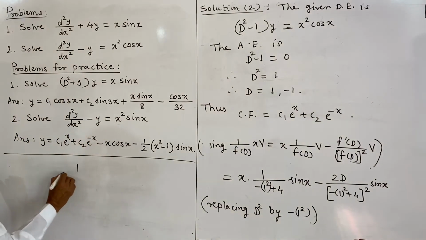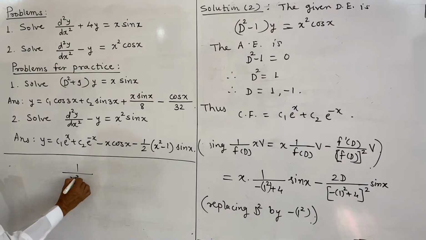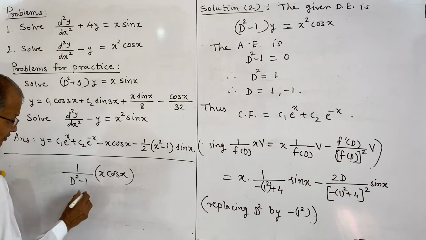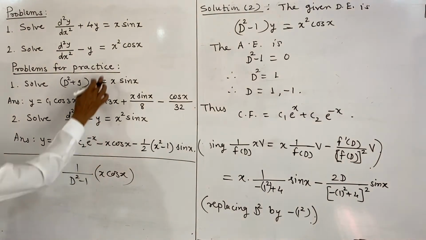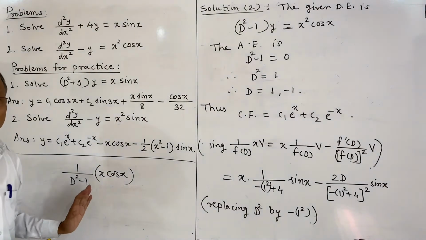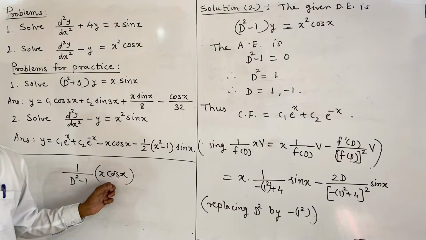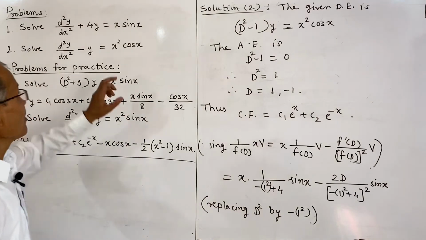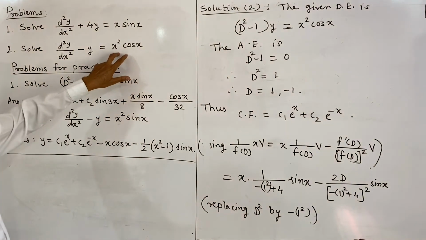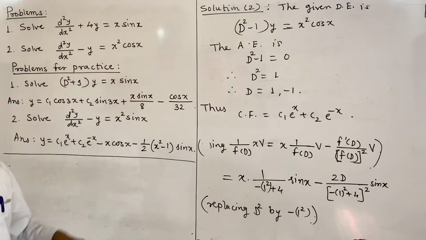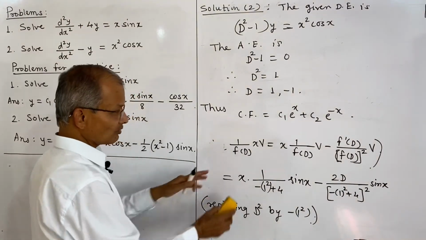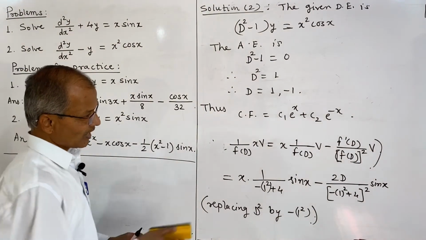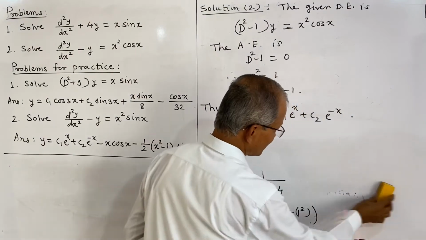That means we can find the particular integral of 1 upon D square minus 1 of x cos x, and then again multiply. We have to use the formula 2 times, so that will be somewhat complicated. For such functions on the right side, whenever the power of x is greater than 1 or 2 or higher powers, it will be convenient to use another method.